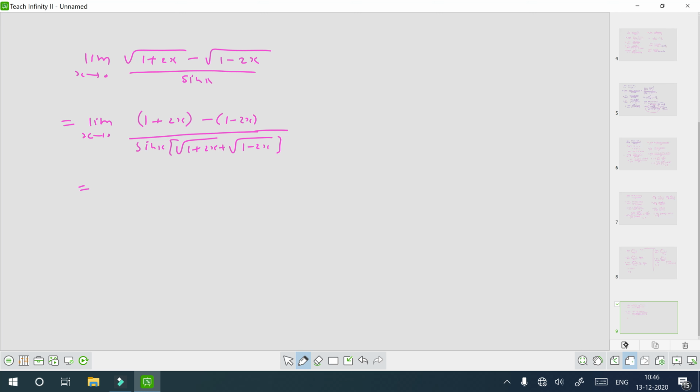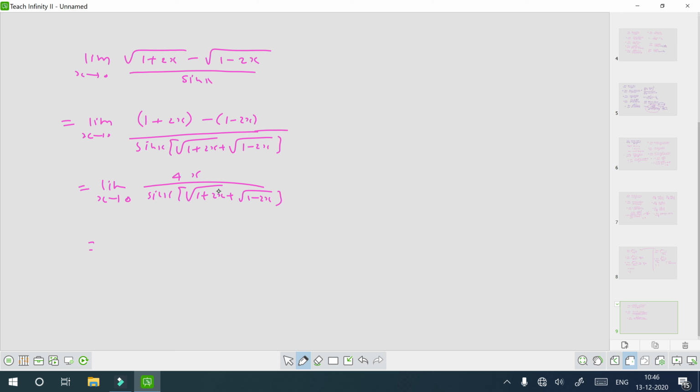That comes out 4x. Limit x tends to 0, 4x over sin x into (under root 1 plus 2x plus under root 1 minus 2x).